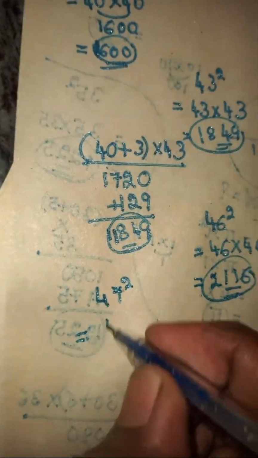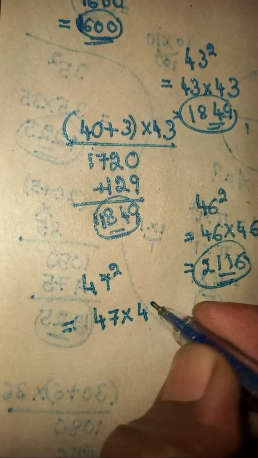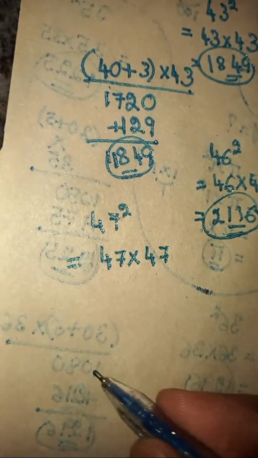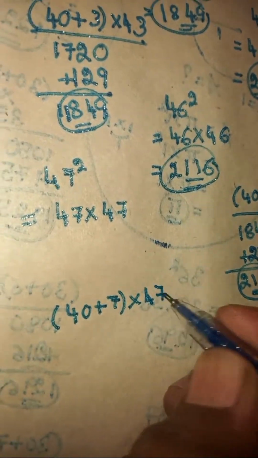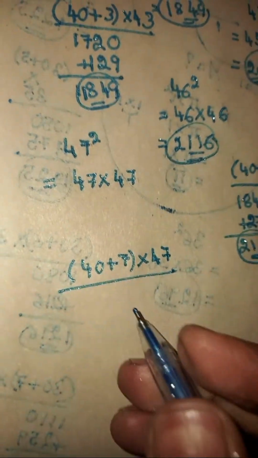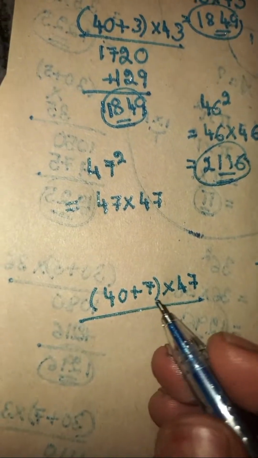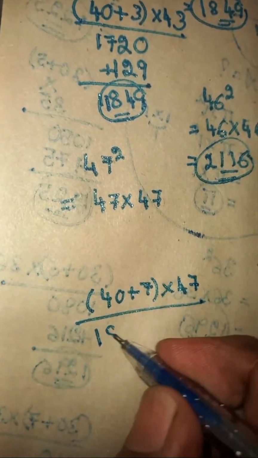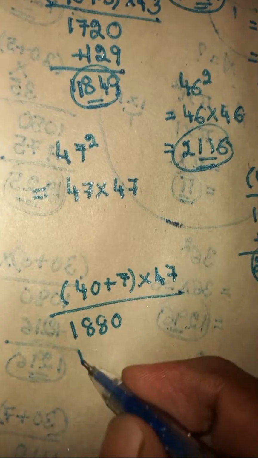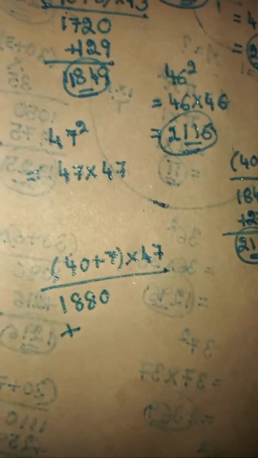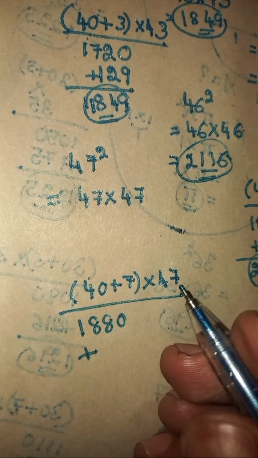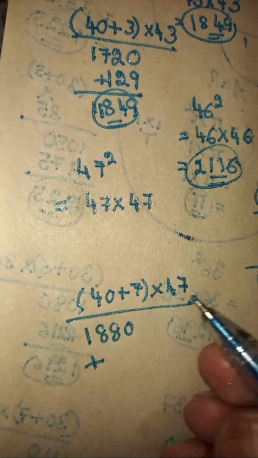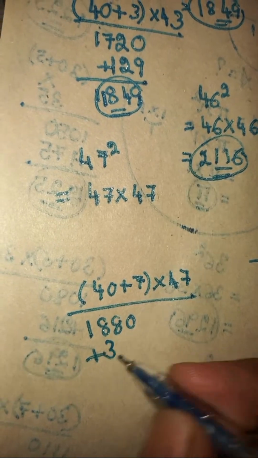And you're going to get 47 square. 47 square equal to 47 times 47, that is 40 plus 7 times 47. 47 times 40 is 1880 plus 47 times 7, which is 280 plus 49, equal to 329.